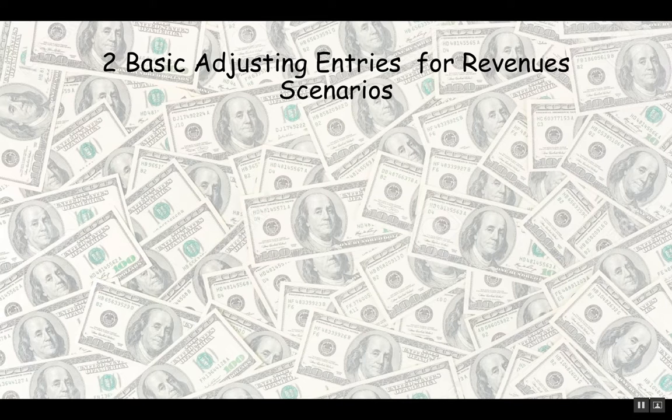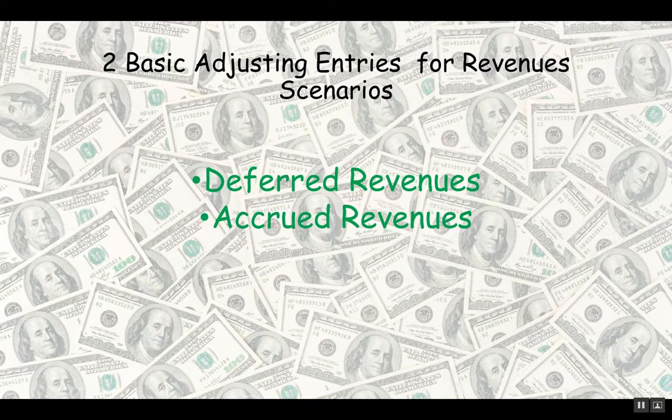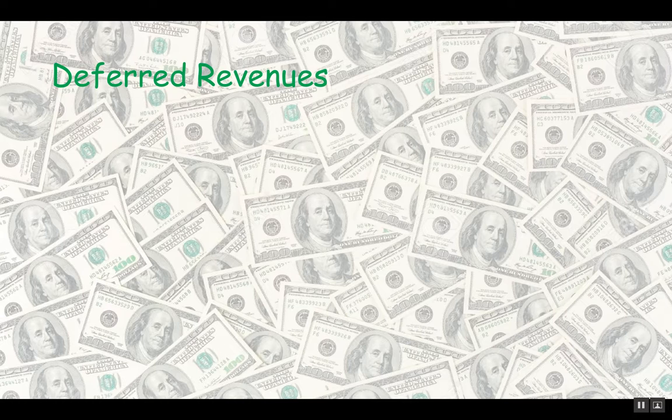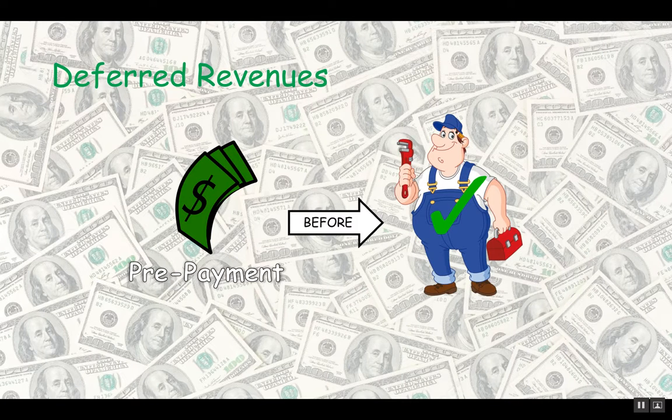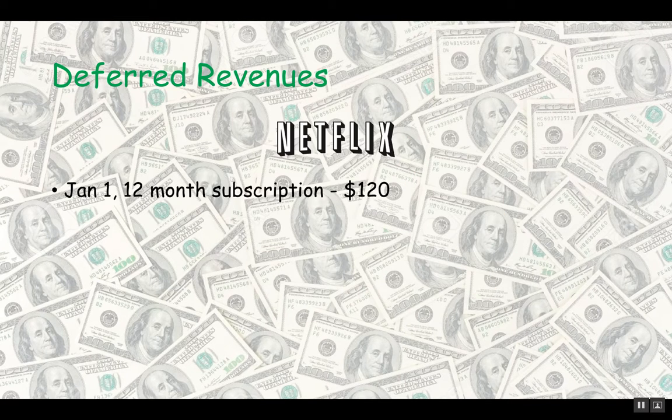There are two types of basic scenarios where adjusting journal entries for revenues are made, and they are deferred revenues and accrued revenues. Deferred revenues often occur when a business receives prepayment from a customer before a good or service is provided. An example of this would be if Netflix sold a 12-month membership subscription to a customer in January for $120.